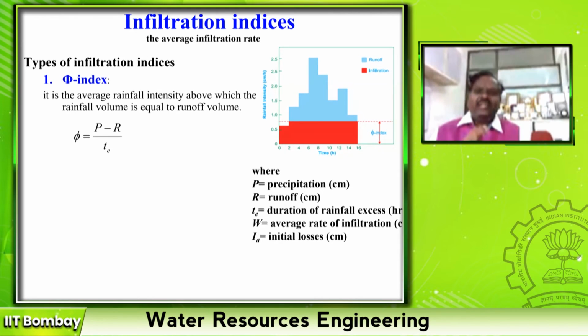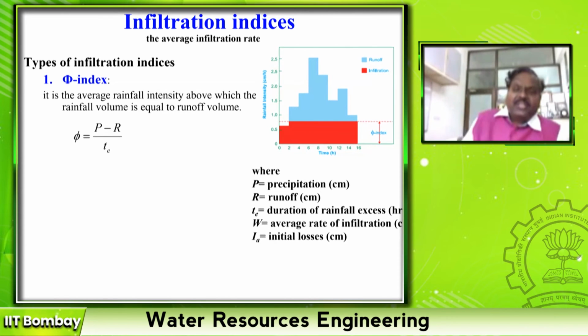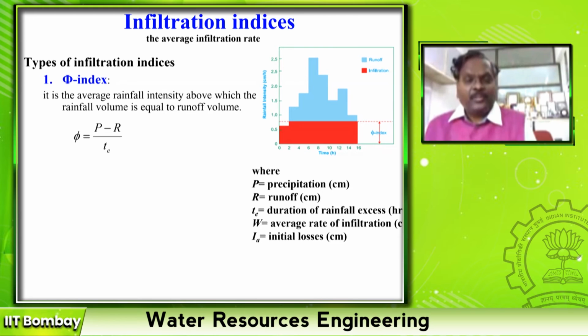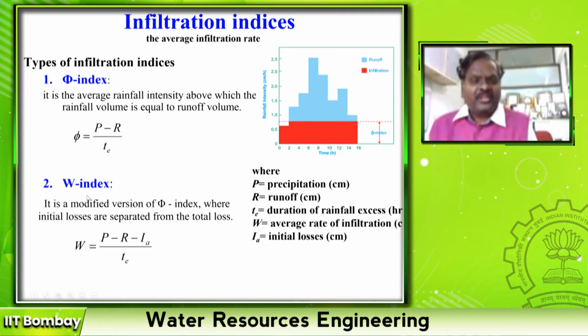That means when infiltration rate is more than the rainfall, no runoff happens. So you have to remove that time period. W index is the same, but I am subtracting the initial abstraction again. So W index is equal to precipitation minus runoff minus initial abstraction, divided by the effective duration of rainfall excess.